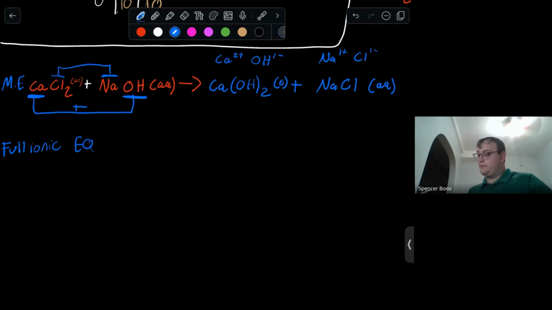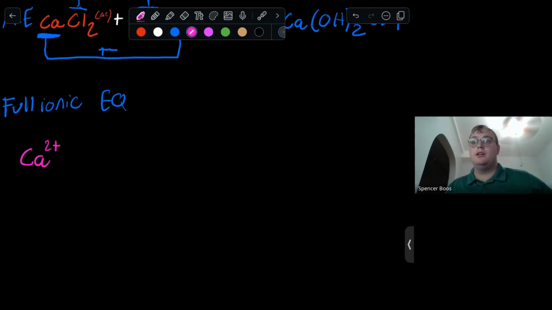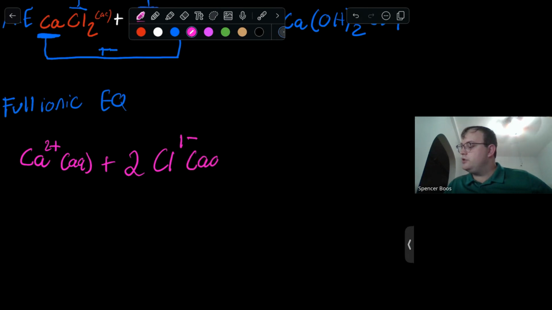For example, this CaCl2 gets broken up into a calcium ion with a 2 plus charge that's aqueous, and 2 chlorine ions with a 1 minus charge that's also aqueous.